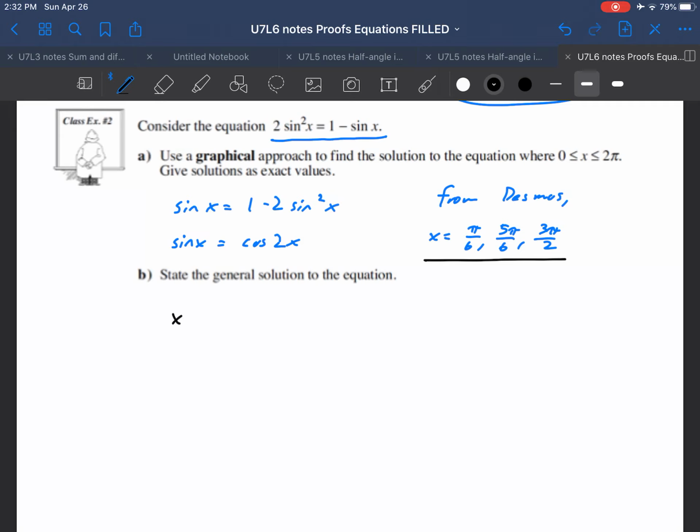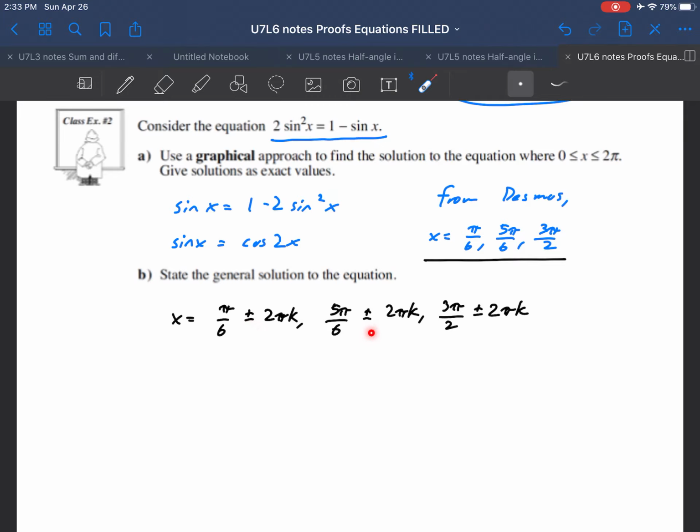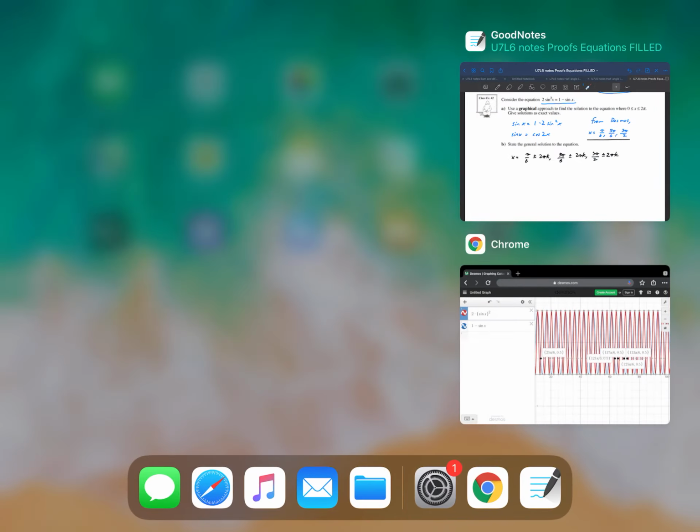So here we could say x is pi over 6 plus or minus 2 pi k, 5 pi over 6 plus or minus 2 pi k, and 3 pi over 2 plus or minus 2 pi k. And the minus is important because we could go in the opposite direction, right?